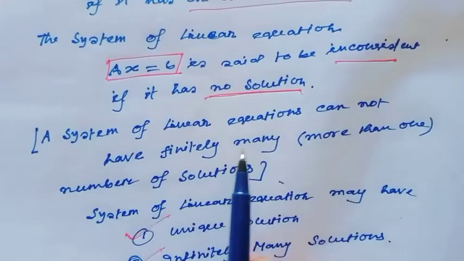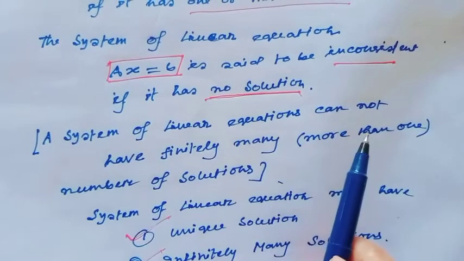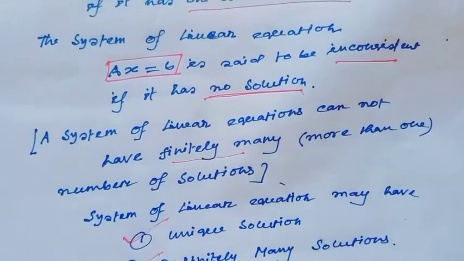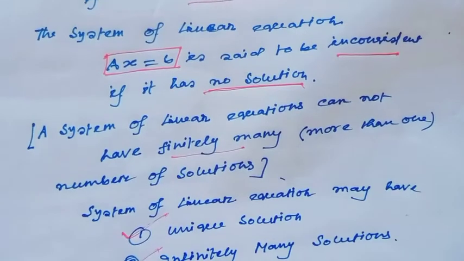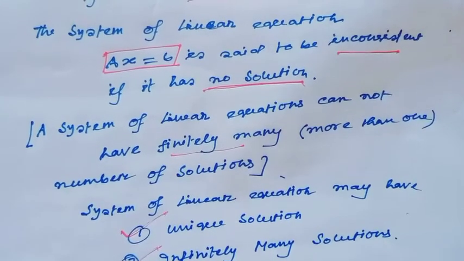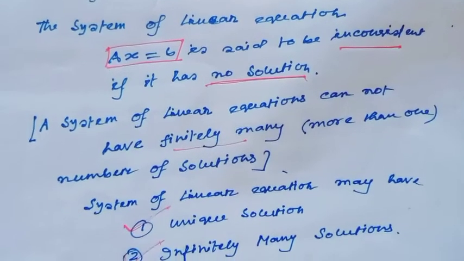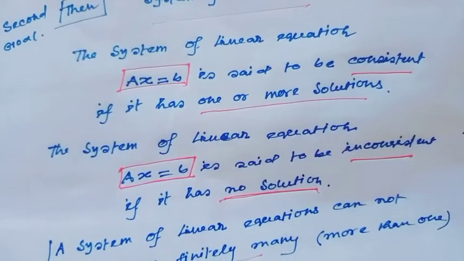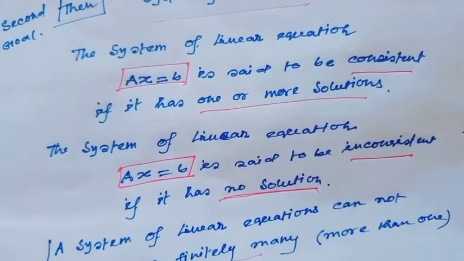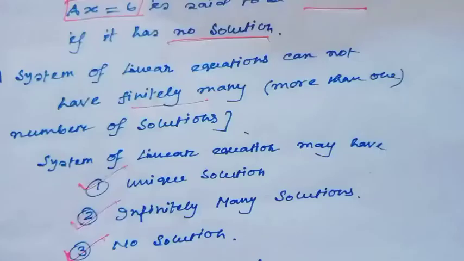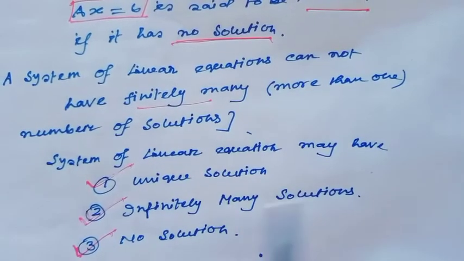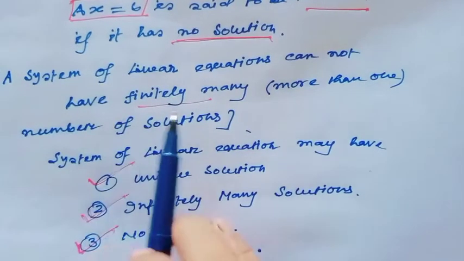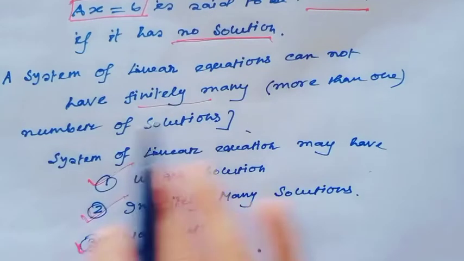That means a system of linear equations cannot have finitely many, more than one, solutions. Always there exists either no solution, or one solution, meaning a unique solution, or infinitely many solutions.